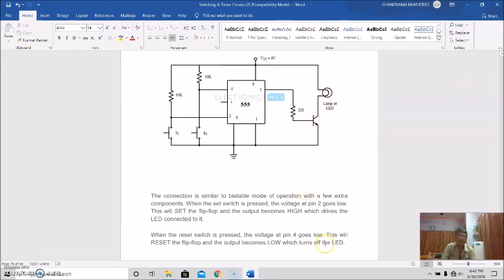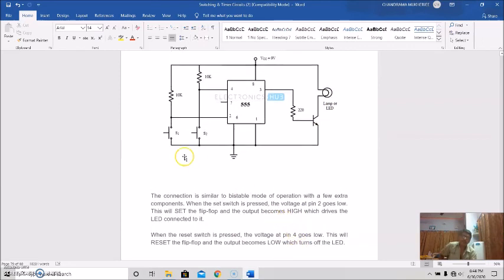Actually, when this set switch is pressed, the voltage at pin 2 goes low, and this will set the flip-flop and the output becomes high, which drives the LED connected to it here.